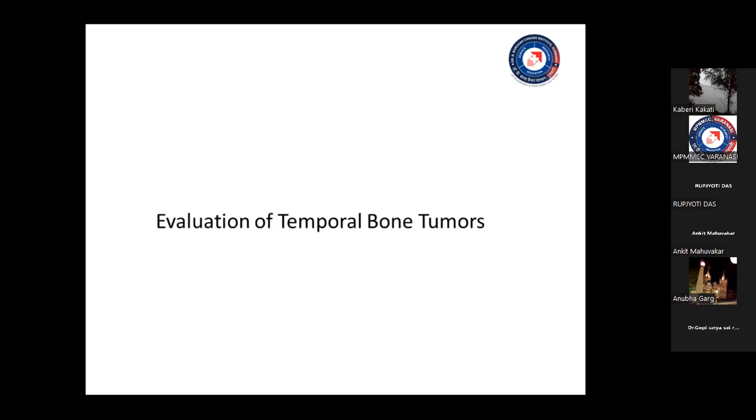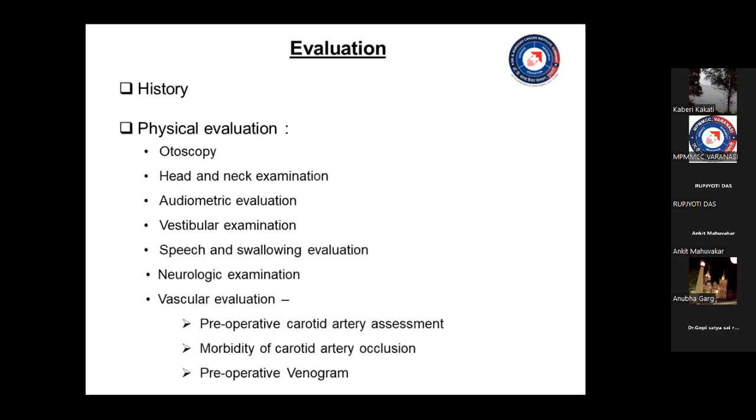So how to evaluate a temporal bone tumor when it walks into our OPD? As in all other diseases, history forms the most important clinical evaluation. A thorough history is always important. Next comes the physical evaluation: a thorough otoscopic evaluation, head and neck examination, audiometric and vestibular examination, speech and swallowing assessment, neurological evaluation, as well as vascular evaluation, like the carotid artery assessment.